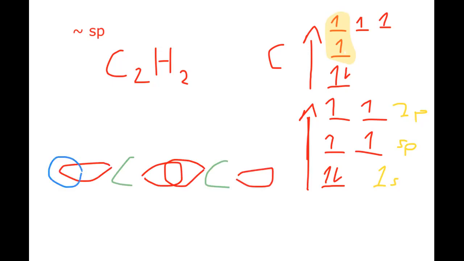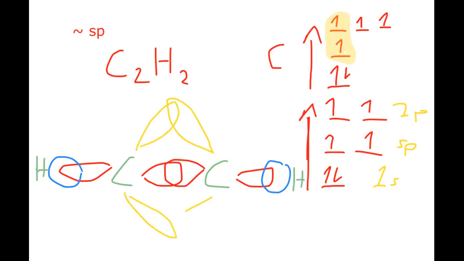Then this is hydrogen. Now for the pi bonds, I'm using yellow. So this is the first pi bond. And then in black, I'm drawing the second pi bond.